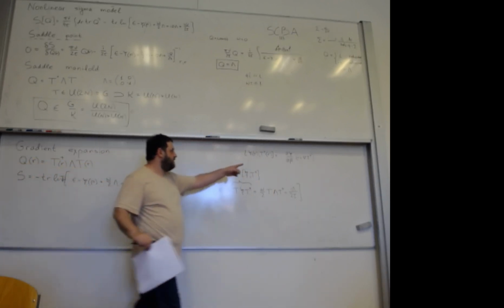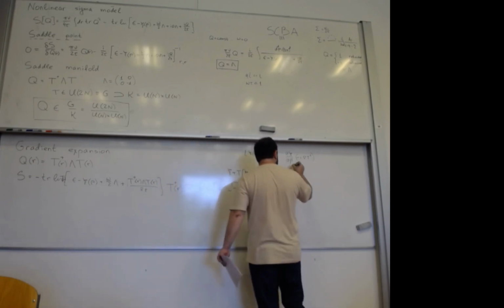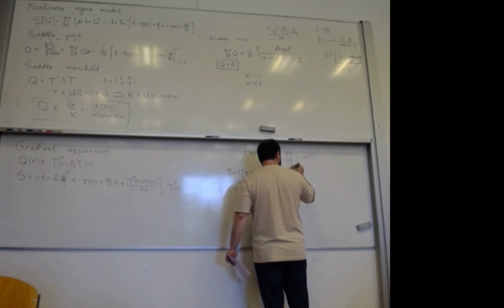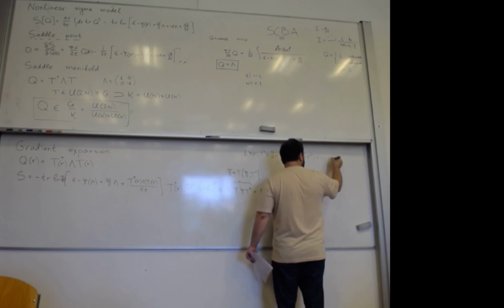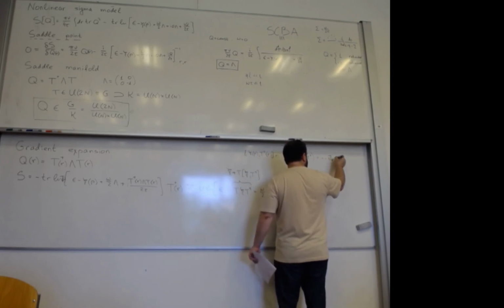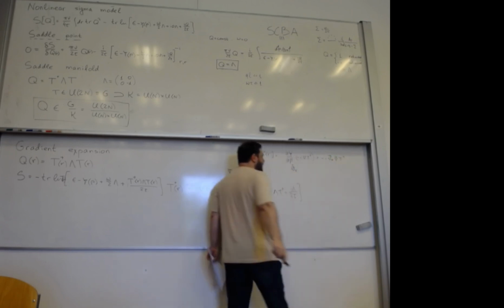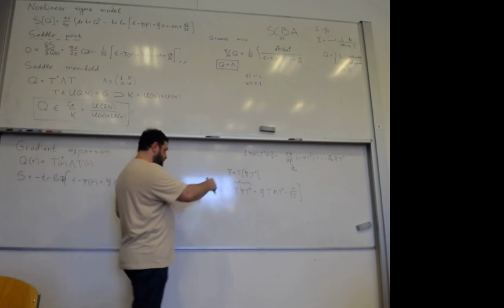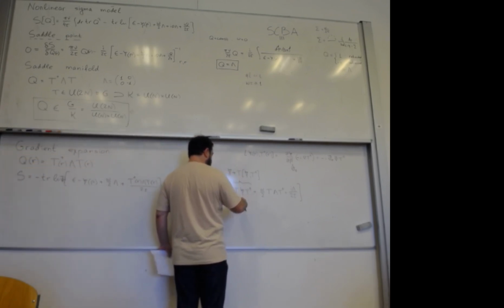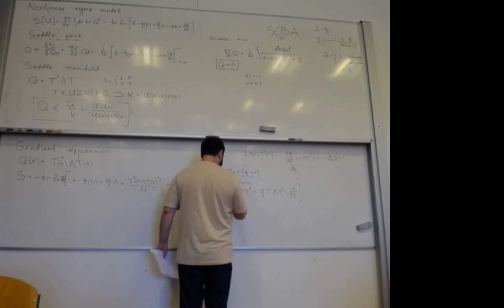And d psi by dp is the Fermi velocity. So this is minus I, Fermi velocity, gradient of t dagger.